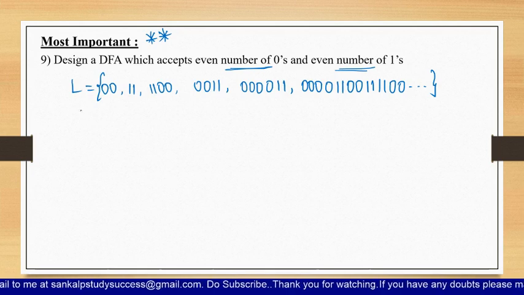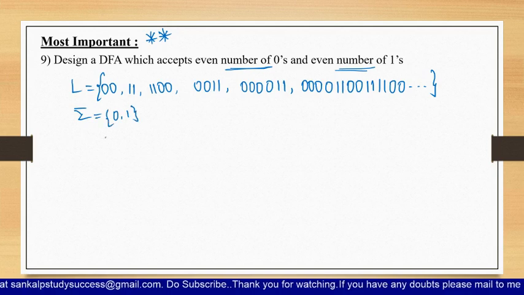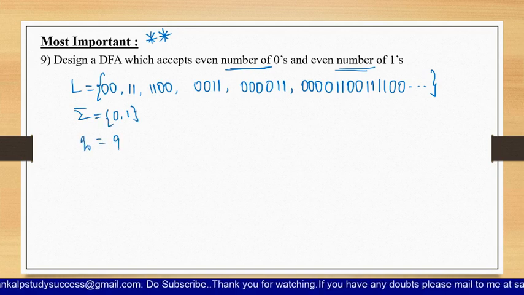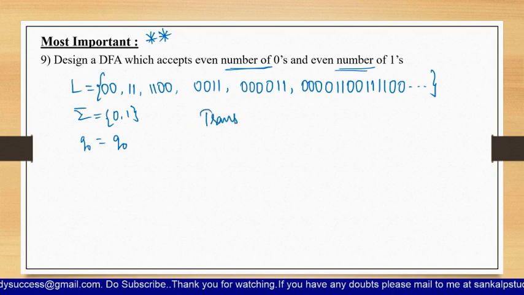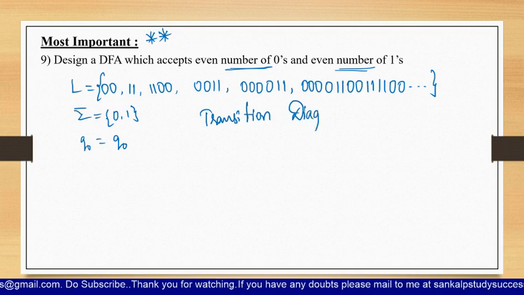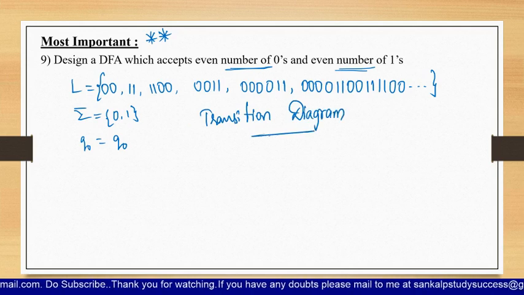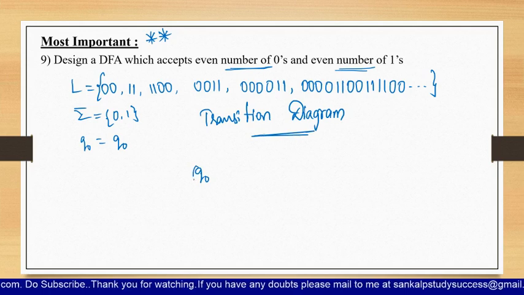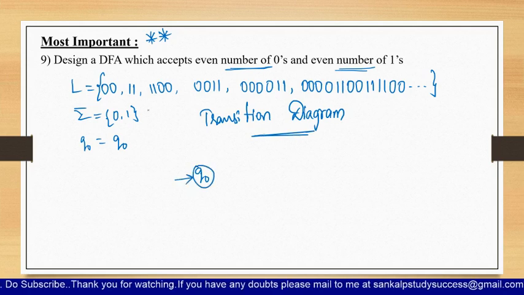Now we know that the input alphabet is 0, 1, and we are going to start with the initial state Q0. Now let us draw the transition diagram for the DFA. That means we are going to construct a DFA. So we are starting with the initial state Q0, and here 0 0 should be accepted.